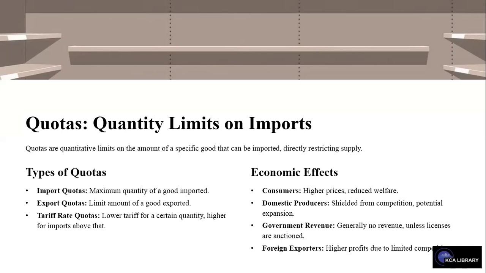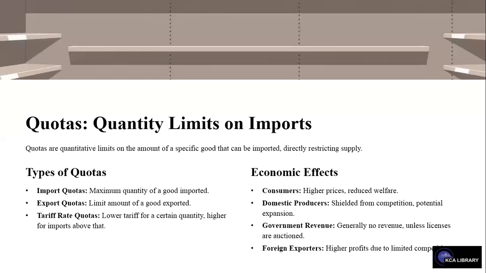For import quotas, it deals with the maximum quantity of a good imported, and export quotas limit the amount of a good exported, and tariff rate quotas have a lower tariff for a certain quantity, higher for import above that.